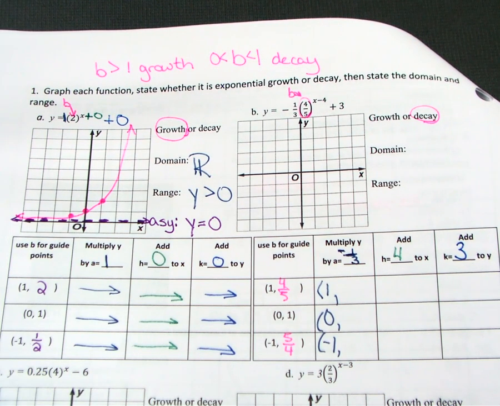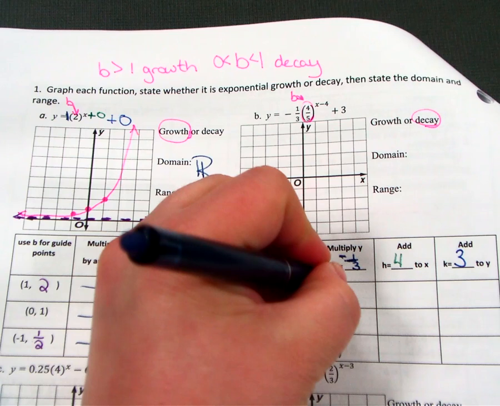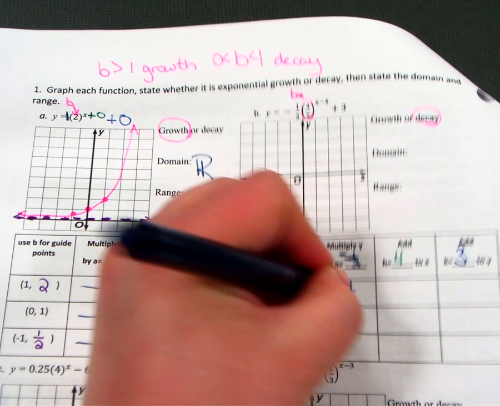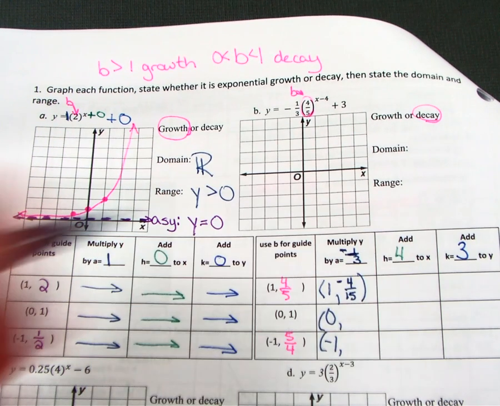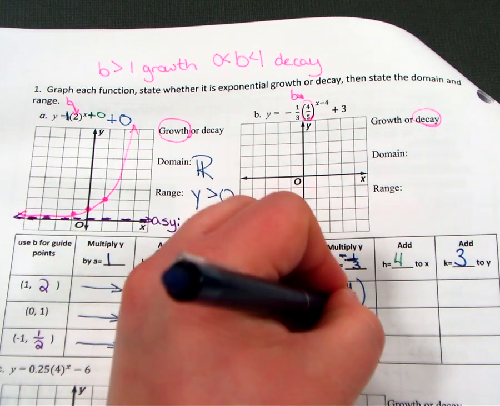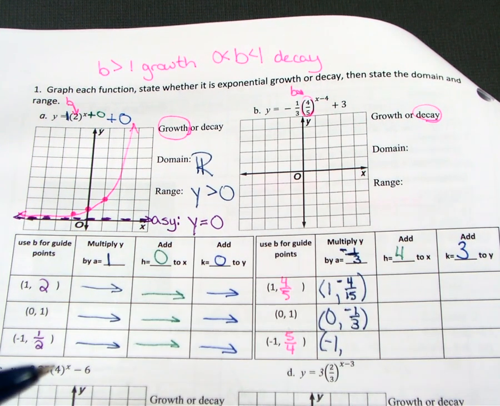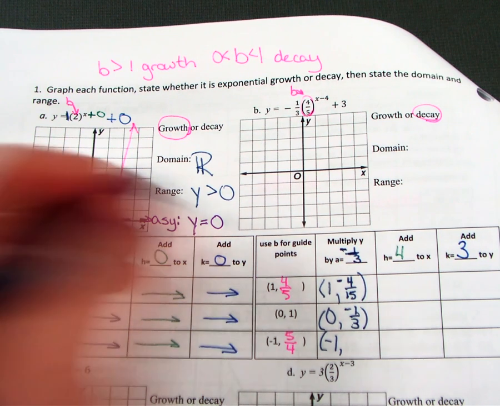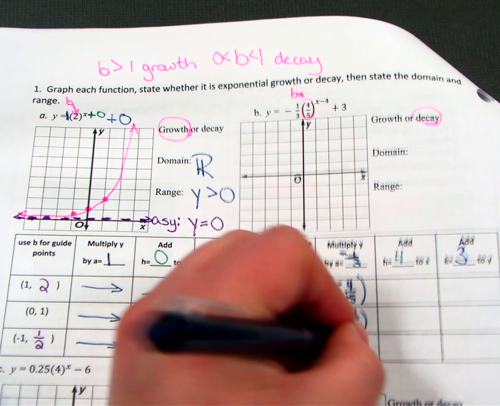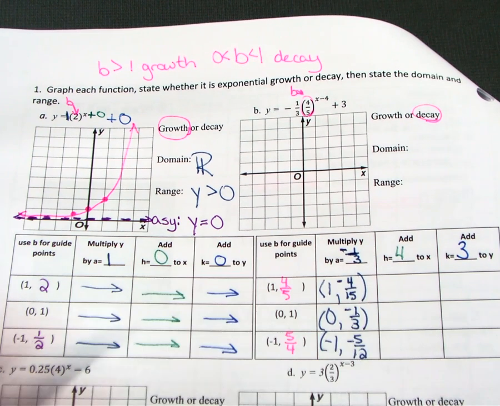And my Y coordinates are all going to be multiplied by -1/3. So you can just type into your calculator 4/5 times -1/3, and you should get -4/15. 1 times -1/3, and we get -1/3. And then 4/5 times -1/3 gives me -5/12.